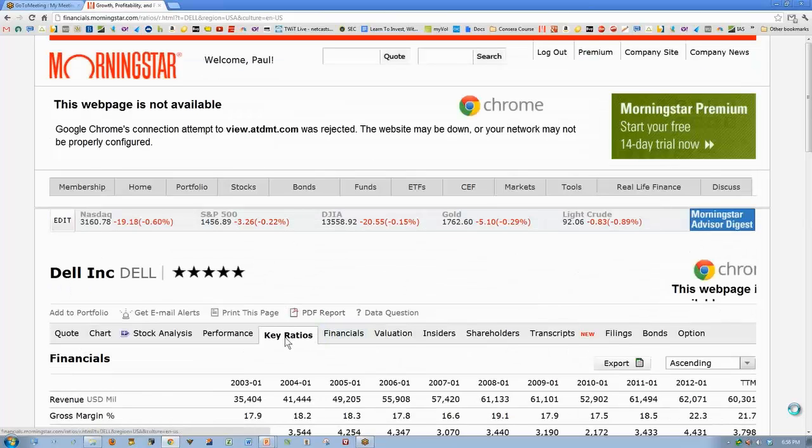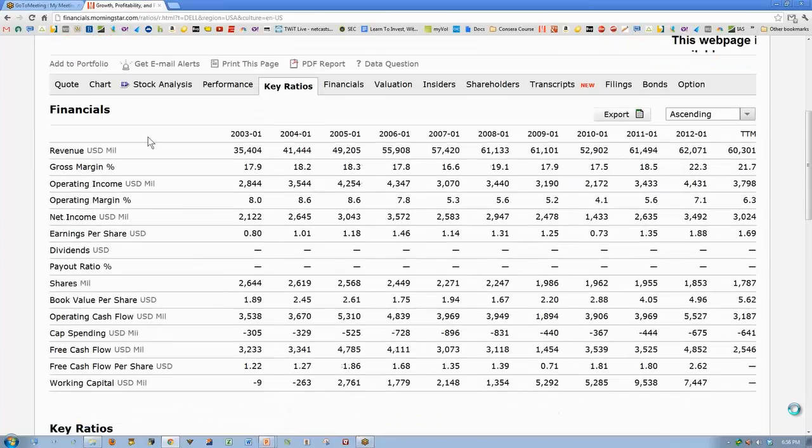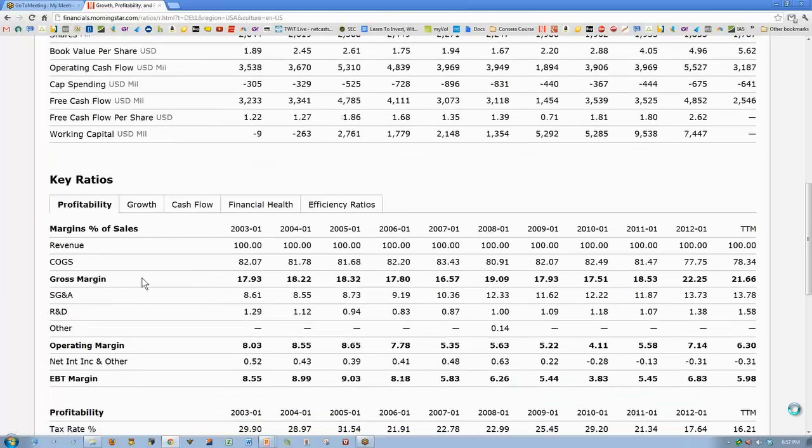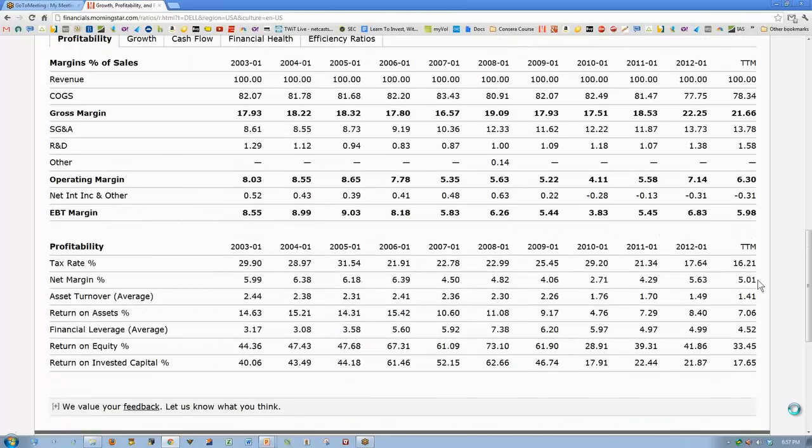So under key ratios, we get a little bit of financials here as well as under financials. There I can pick up my revenue trailing 12 month, my shares for the trailing 12 months, and under profitability, my net margin. Dell's margin for the last 12 months was 5%.